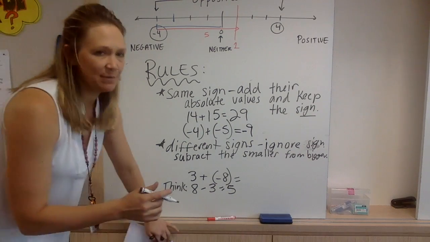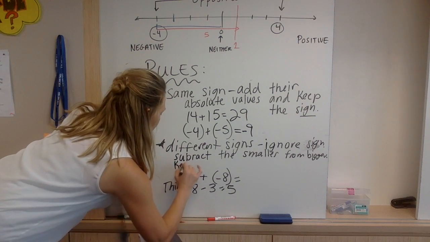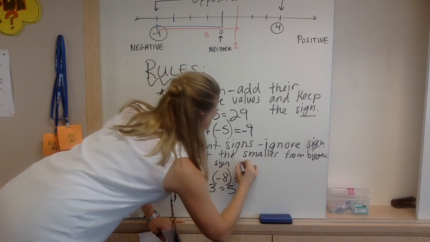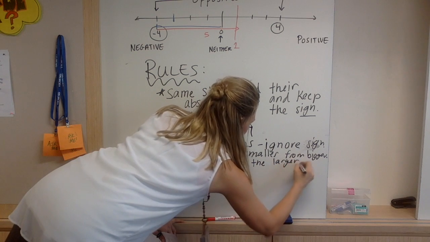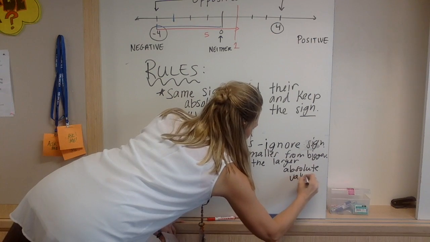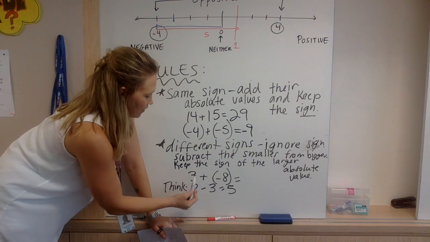Now, we want to keep the sign of the bigger absolute value. So keep the sign of the larger absolute value. So what has the larger absolute value, -8 or 3?